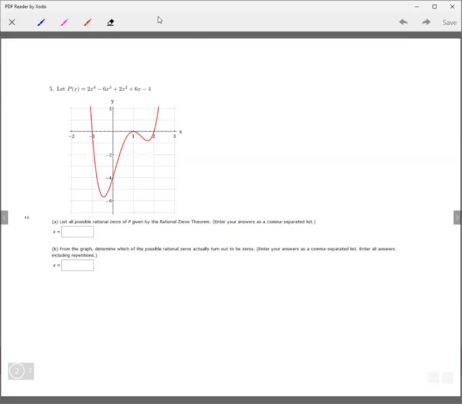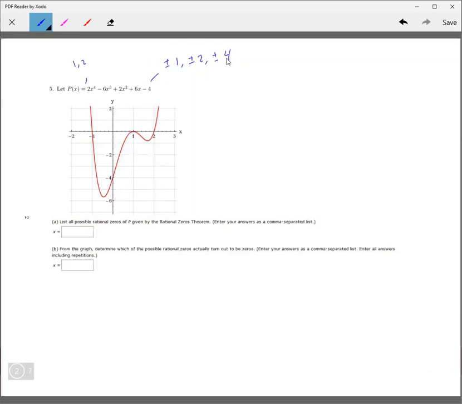Okay, here's another problem. And here we have this polynomial here. And we're supposed to list all possible rational zeros by the rational zeros theorem. And so again, factors of this one, 1, 2, and 4. And then this right here is 1 and 2.